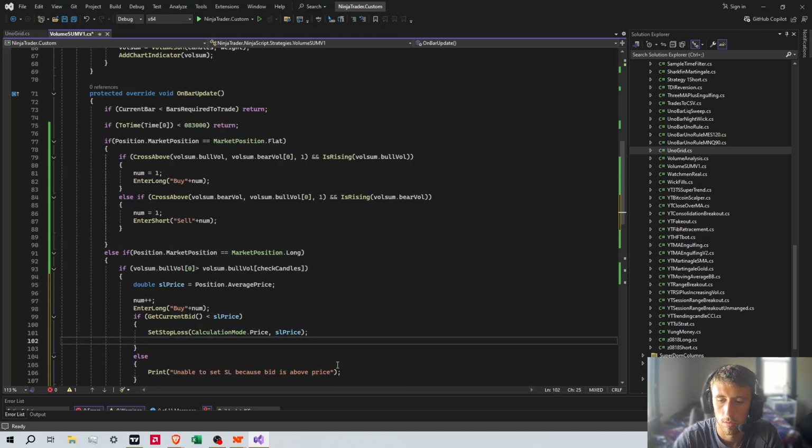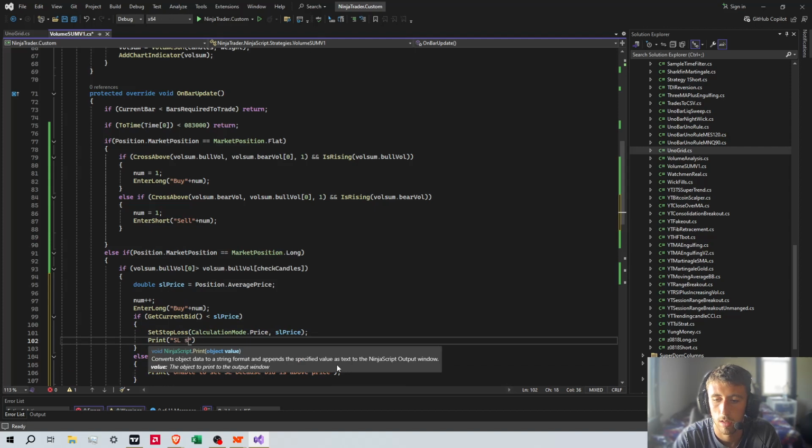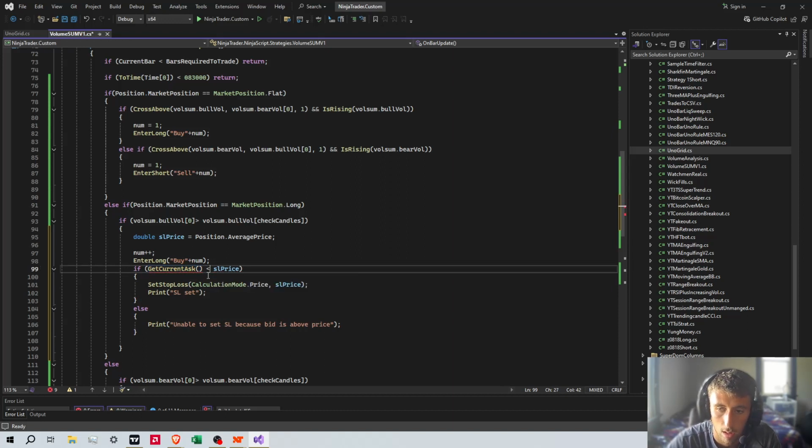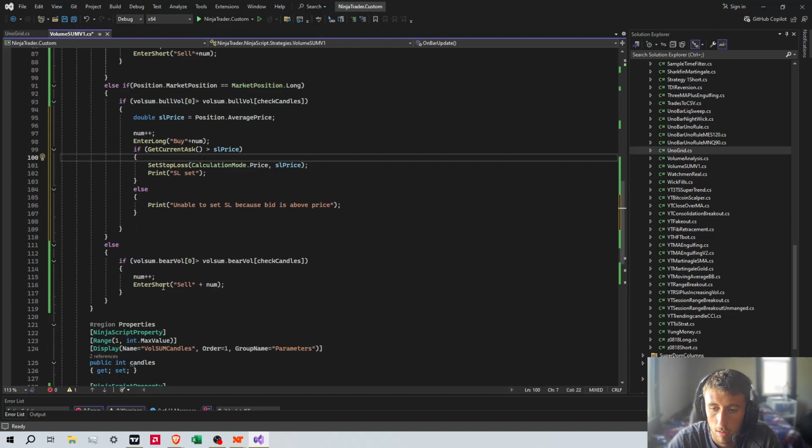And then here we're going to do print SL set. Oh, this is a long. Gosh, I'm stupid. So this should be get current ask. If get current ask is less than the stop loss price, then we'll get an error. So if it's greater than the stop loss price, then we can set it. If not, we get the error.